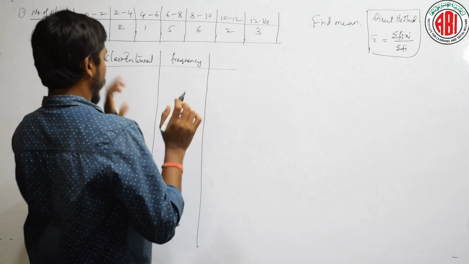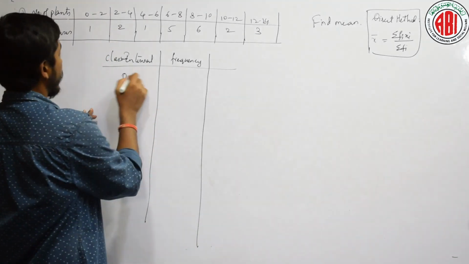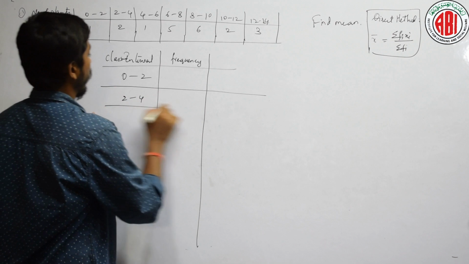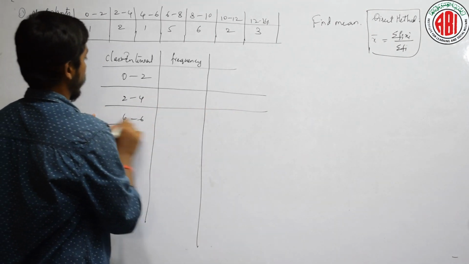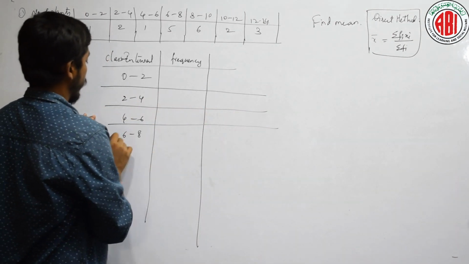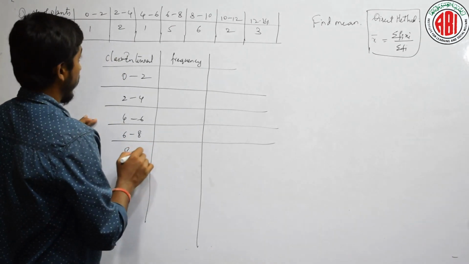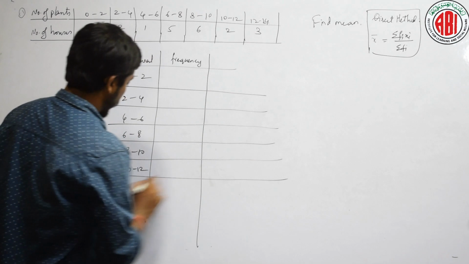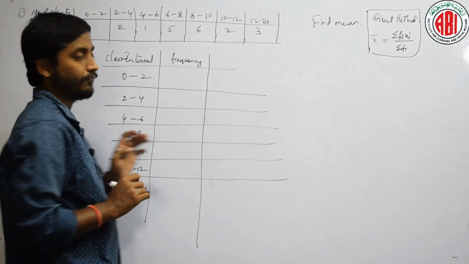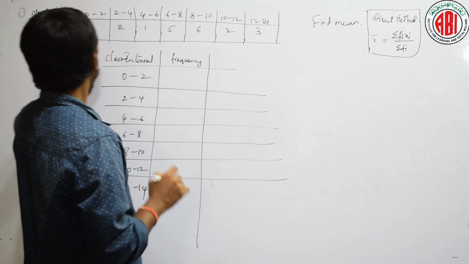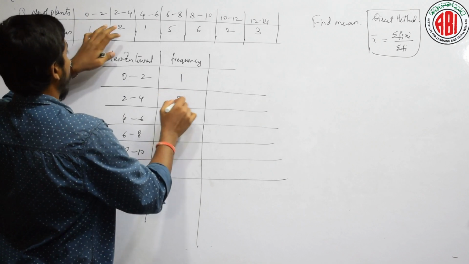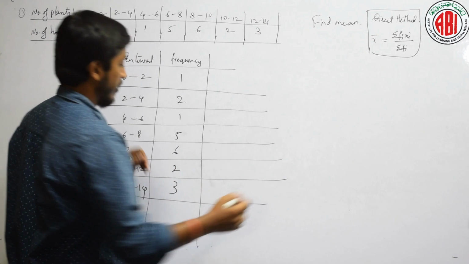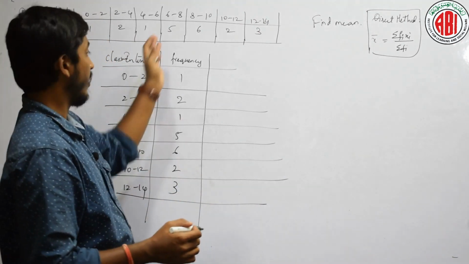Remember, let us write this first, 0 to 2, the next 2 to 4, 4 to 6, 6 to 8, 8 to 10, 10 to 12, 12 to 14. Okay. What is the frequency? 1, 2, 1, 5, 6, 2, 3. These are the different classes and their frequencies.